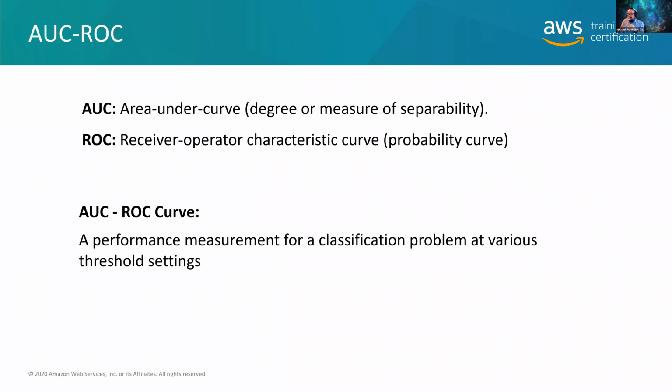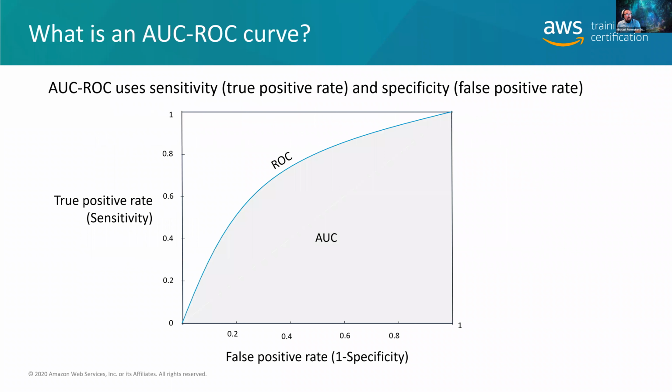If you combine probability and a measure of separability, the curve can show true positives versus false positives at various thresholds. That means when you calculate this curve, you plot, in a sense, multiple confusion matrices at different thresholds and compare them to find the threshold you need for the business case, right? So this uses sensitivity, which is the true positive rate, plus specificity, which is the false positive rate.